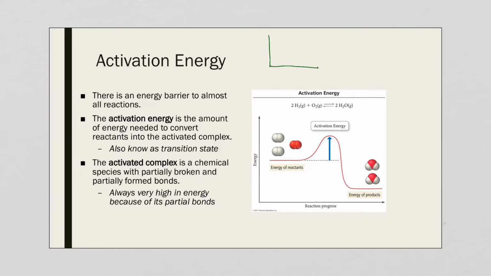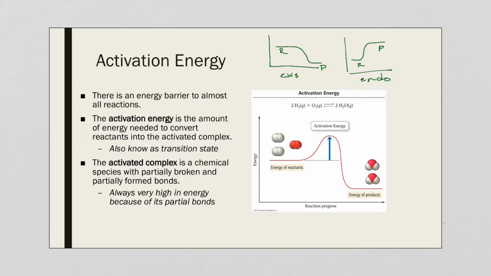It might have looked simply like this, where we had our reactants and our products, and our products were lower in energy, and so that's why it was exothermic. Or we could also have endothermic, where we had something that looked like this, where we had our reactants and our products, and our products were higher in energy, so we had to gain energy, so it's endothermic. So we had exo and endo.